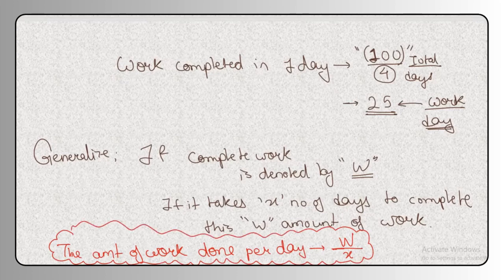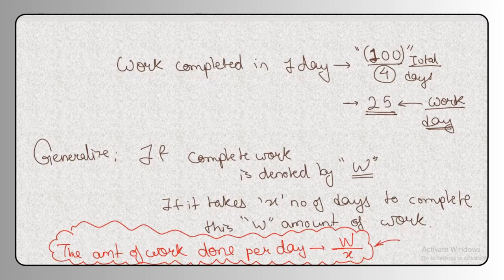Why so? Because I just want to tell you to make a procedure where you can convert the entire work into something which is doable in a 1 day time frame. That would just make the solution of the problem a little bit easier in that manner. So this is something which has been done per day. Okay.